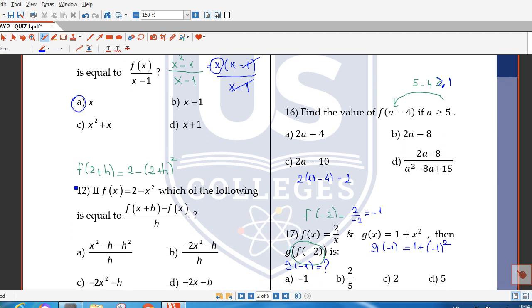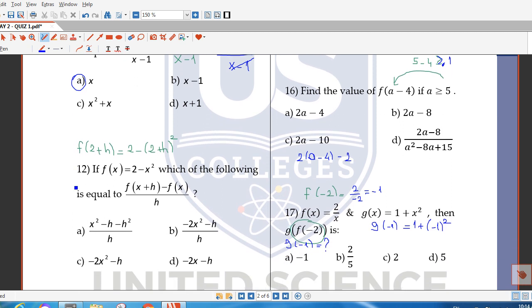Question 12, again there is a simplification, and f of x is given, 2 minus x squared, and we are going to simplify f of x plus h minus f of x over h. Our first step is finding this part, finding f of x plus h.